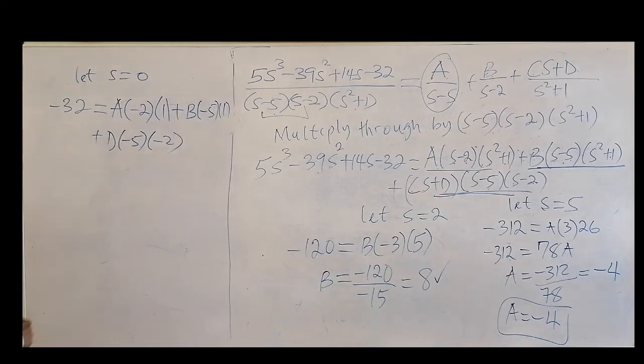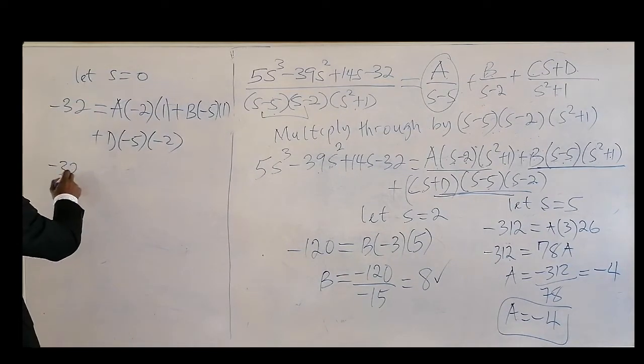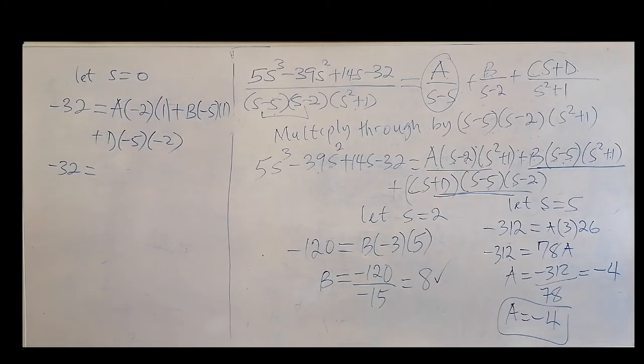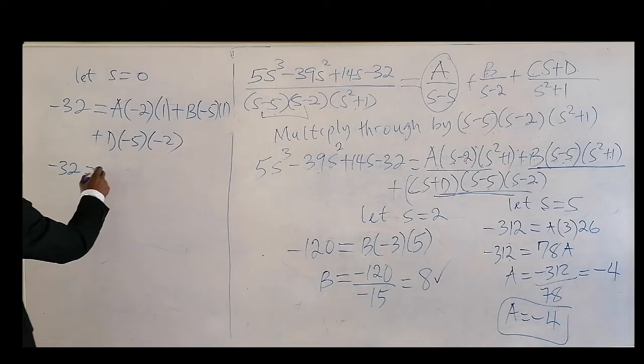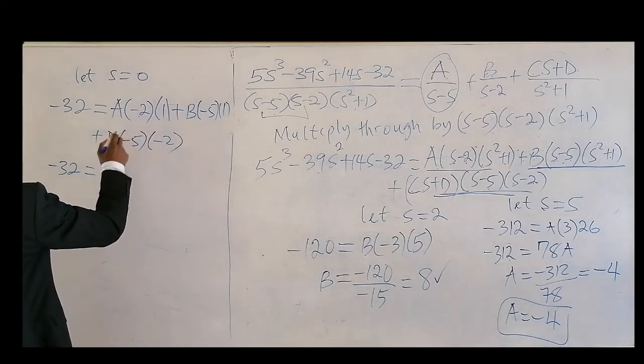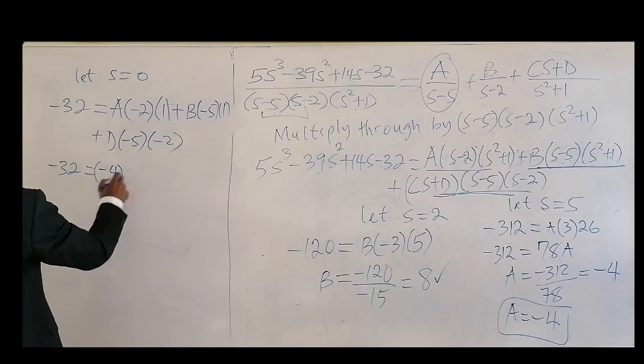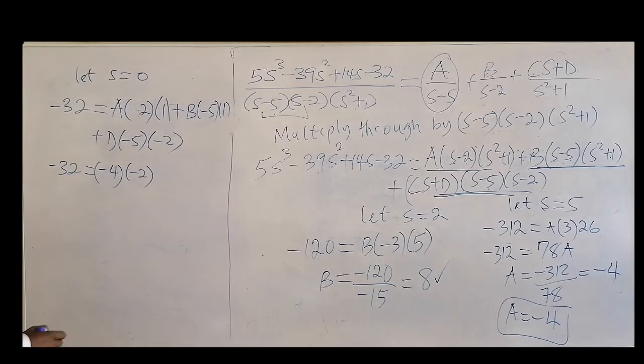Okay, so we have minus 32 equal to, we do have the A value, we have minus 4, so minus 4 times minus 4 times minus 2.